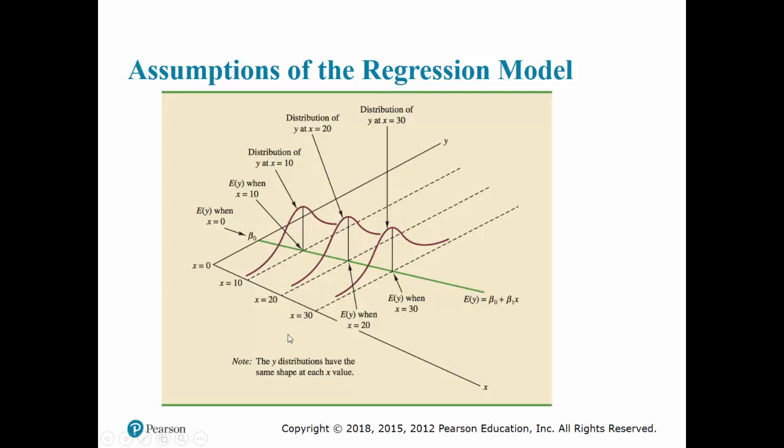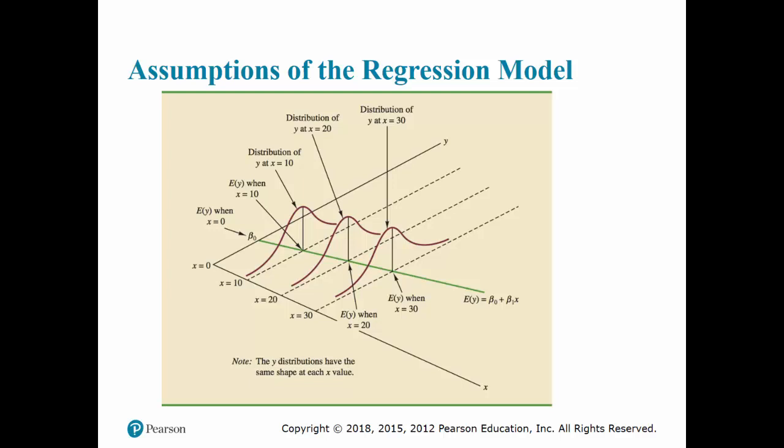If it is 0, then X is not significant. If it is different from 0, then X is significant. In other words, beta sub 1 is significant. So we can test whether beta sub 1 is equal to 0, which means X is not significant, or beta sub 1 not equal to 0, in which case X is significant.